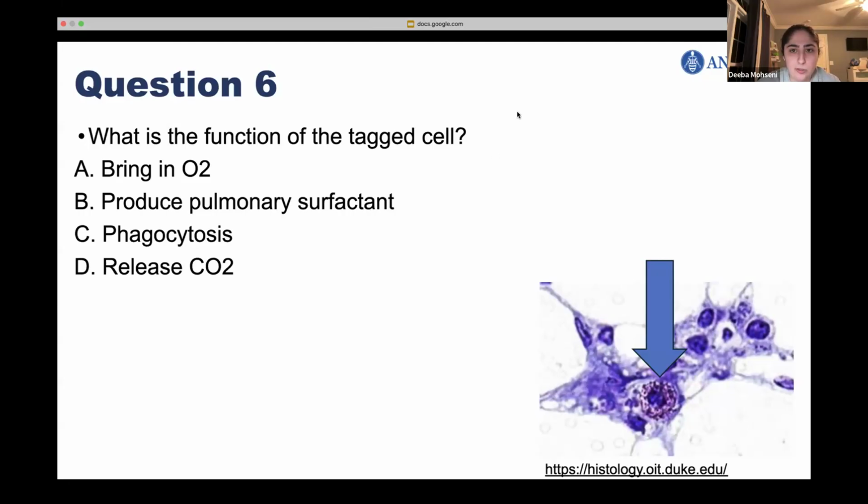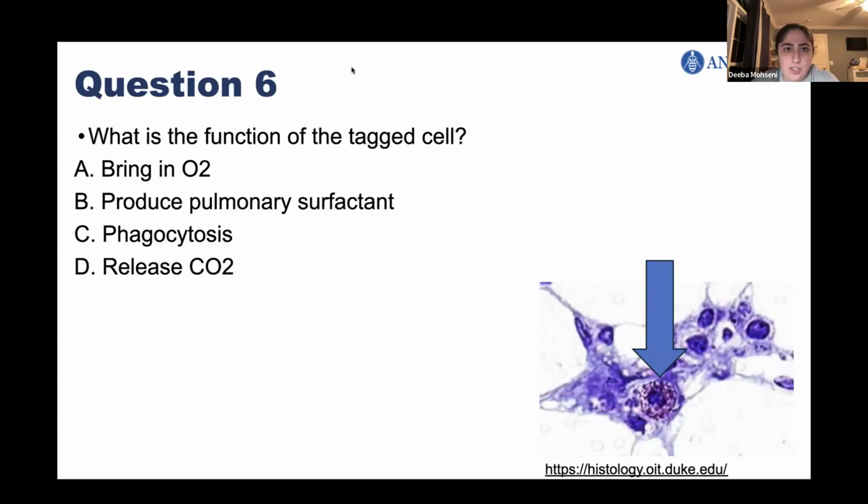Ready? We can get a couple more people. Alrighty. Looks like the majority of you chose B. However, the correct answer in this is C. Again, I know this is difficult.